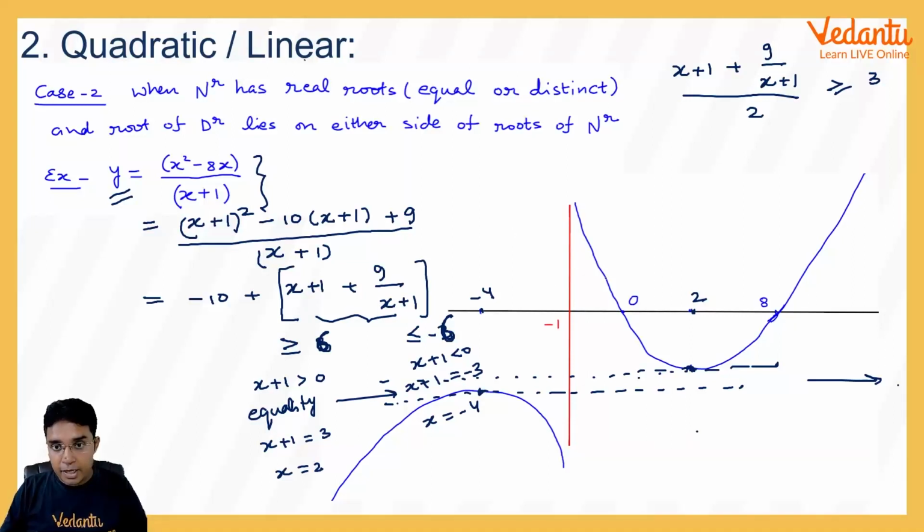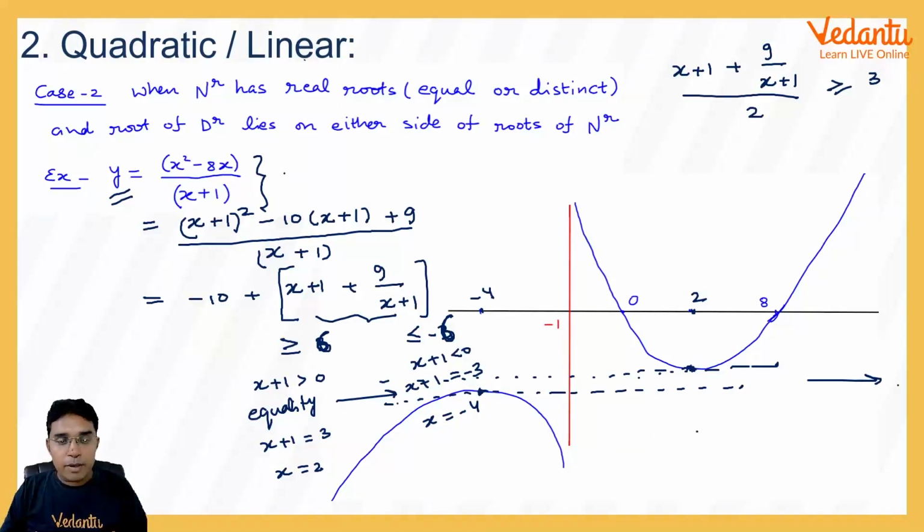If the maxima of this left portion is above the minima of this right portion, then there will be some line parallel to the x-axis which will intersect this graph at 4 points, which means the same value of y but at different values of x.